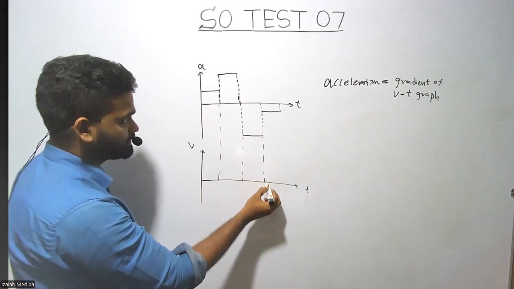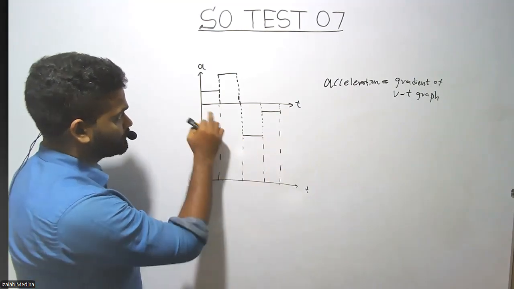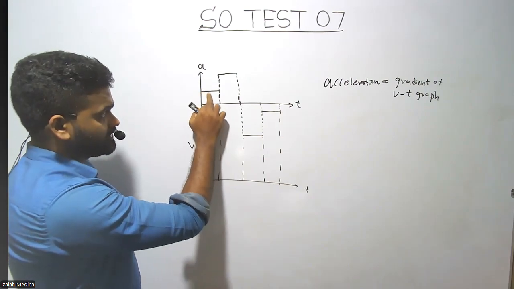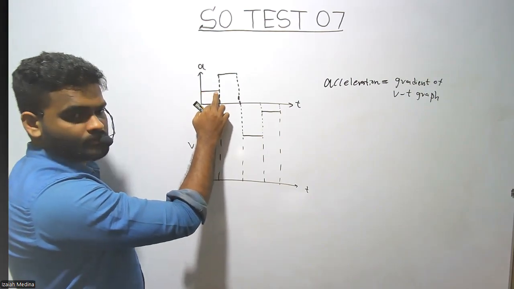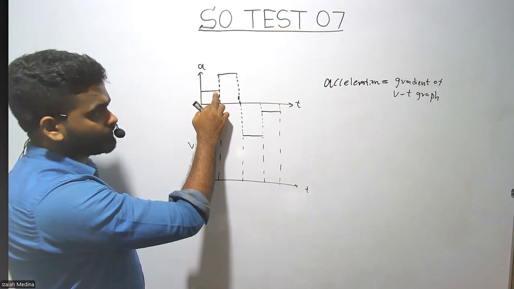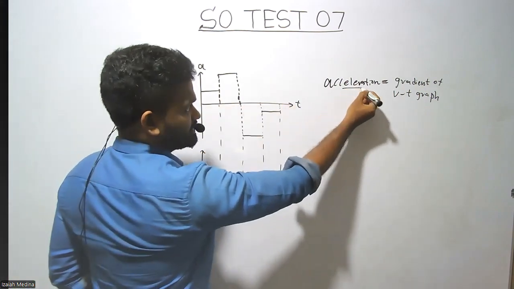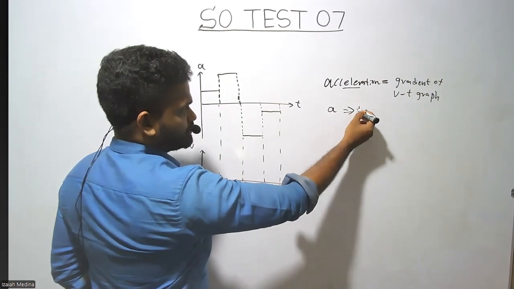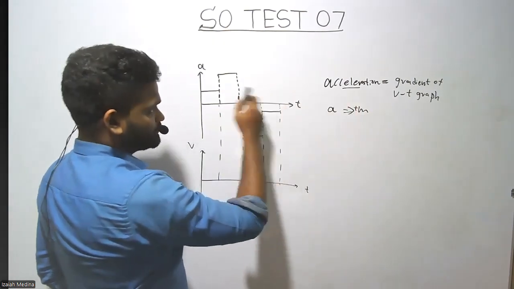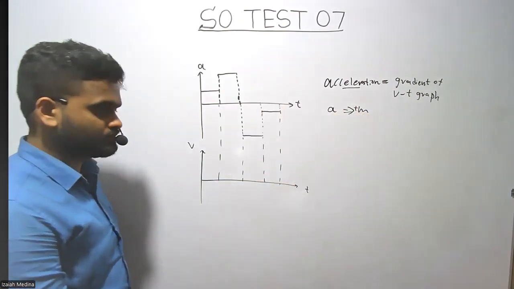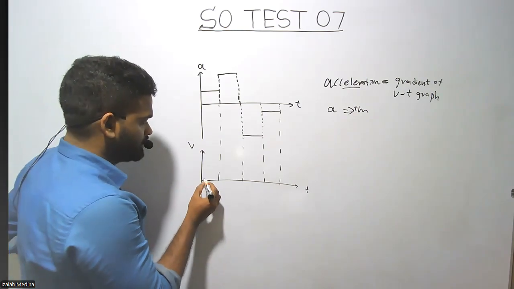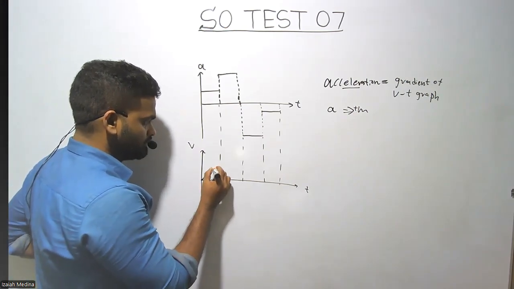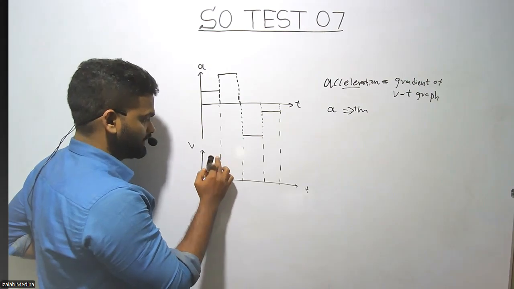So for the first time period, this time period, acceleration is constant. So the gradient should be constant and also it is positive. So how do we draw a positive gradient and constant? Like this, right?